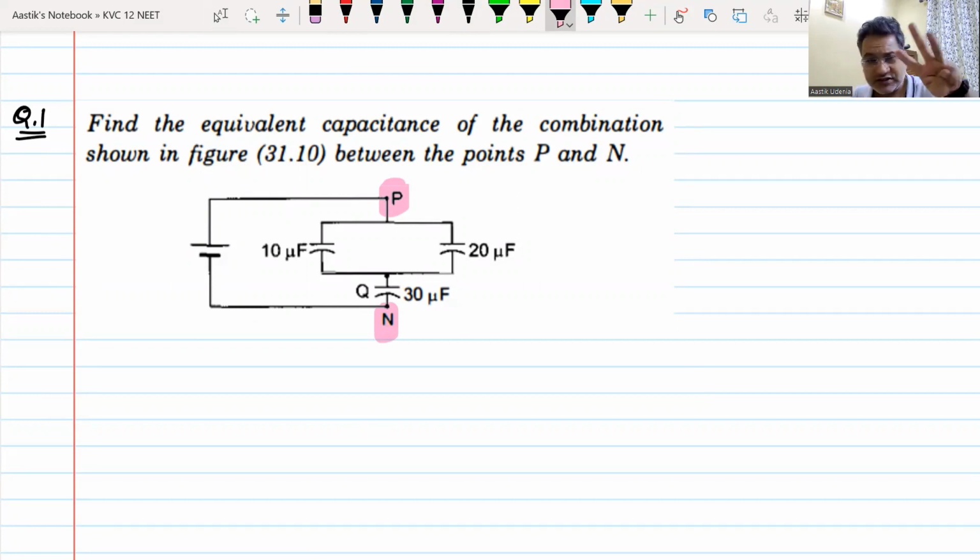Now, how do you find out the equivalent capacitance between the point P and N? You can see there are three capacitors connected over there. I can't see you today, so I don't know whether everyone is there or not. I hope everyone is good. There are three capacitors here. How do you find out the equivalent capacitance between point P and point N? Anyone can tell me?